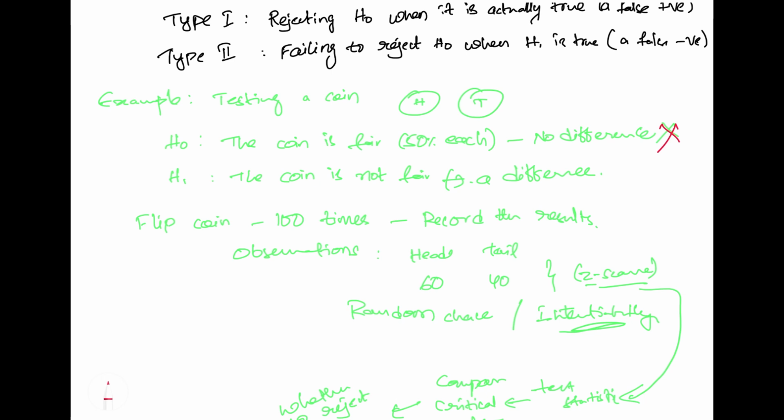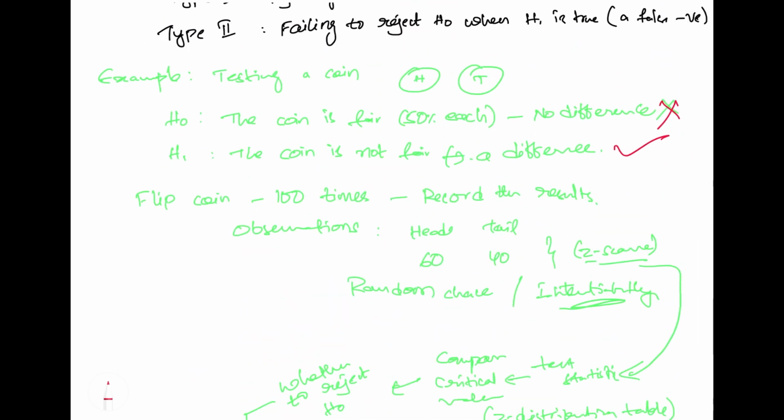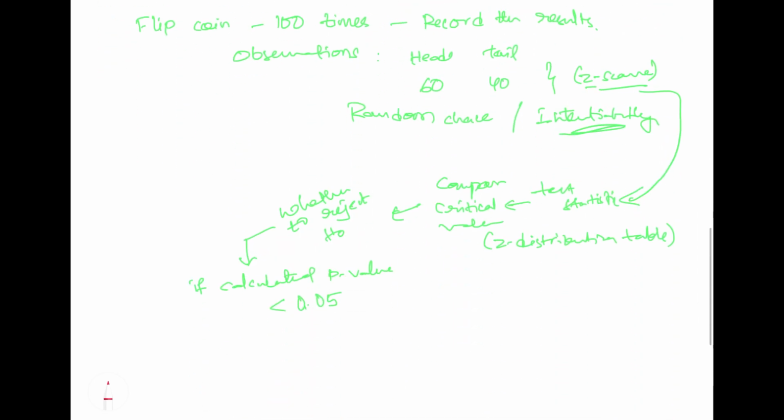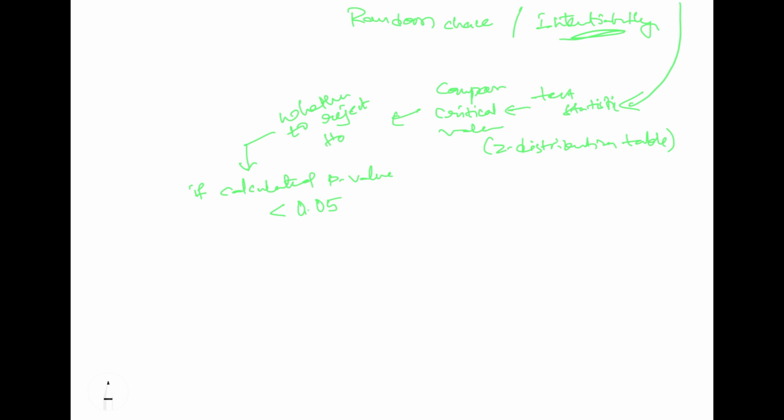We can reject this and accept that the coin is biased, the coin is not fair. You can write that we found evidence towards the alternative hypothesis H1.